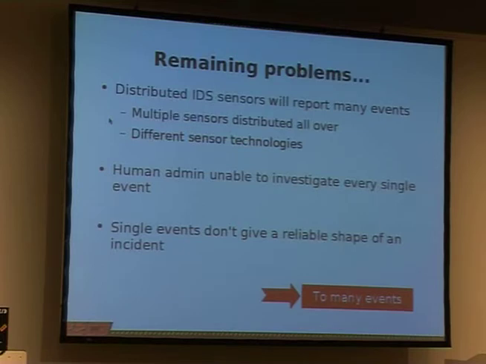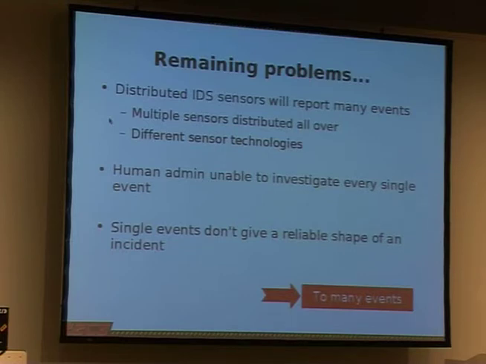And to tune all your different IDS sensors is quite time-consuming too, even if you have to do it, of course. So a human admin might be unable to investigate any single event that's reported by the sensors.